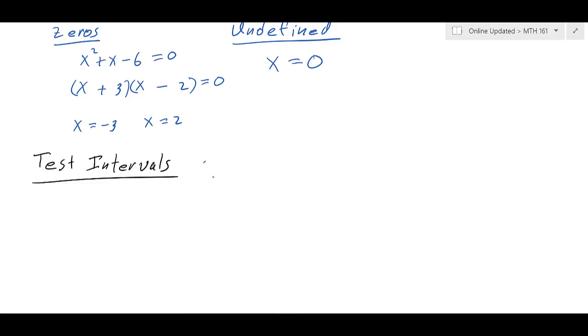We start with negative infinity up to negative 3. From negative 3, we go to 0, and then from 0 to 2, and from 2 to infinity.